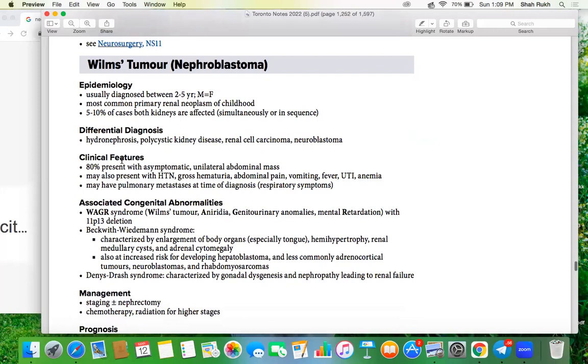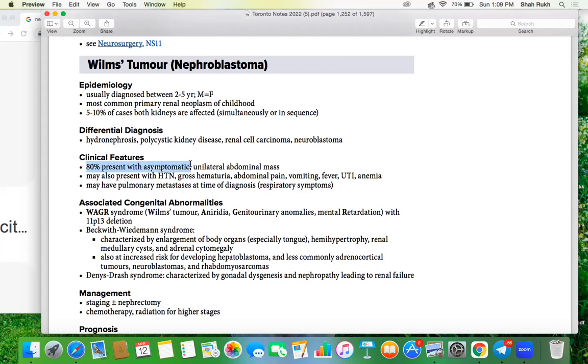Then for the differential diagnosis, you need to know what could be the cause of a mass in that particular area. So consider all the conditions of the kidney, like hydronephrosis, polycystic kidney disease, renal cell carcinoma. If you link nephroblastoma with the different conditions linked to the kidney, it will help you build up a diagnosis. Clinically it is mostly asymptomatic.